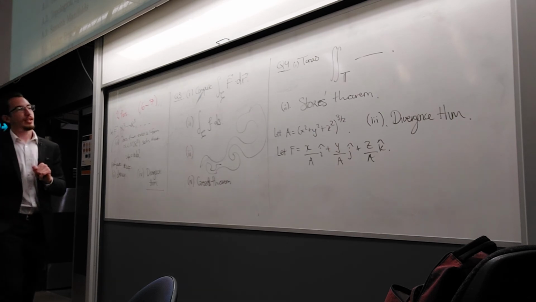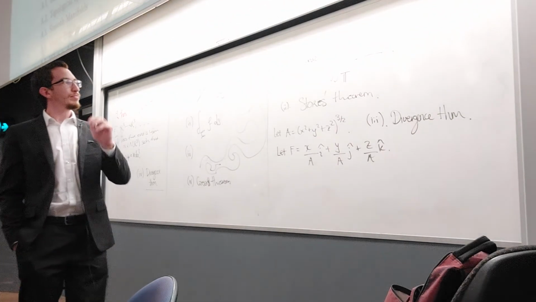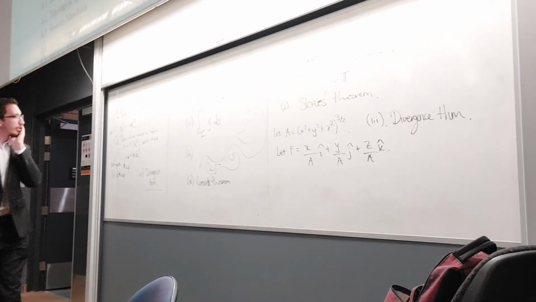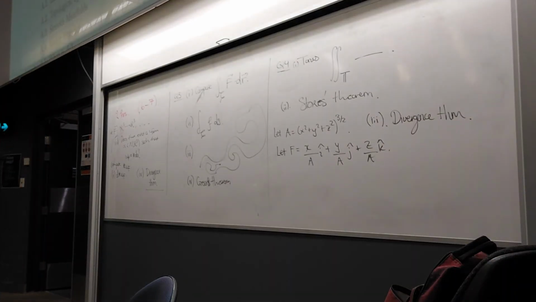What else was something that was hard? Okay, I want to take the area of a region in the plane, and it's kind of complicated. How can I do it? Not surface, just a region of the plane. Green's theorem. How does Green's theorem get used?